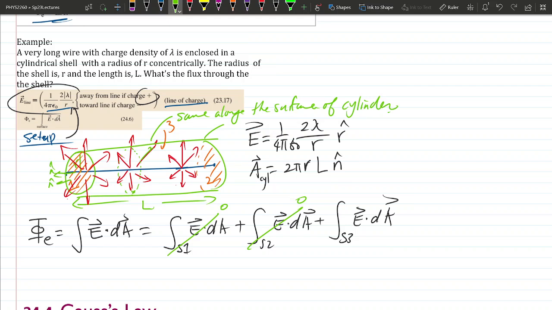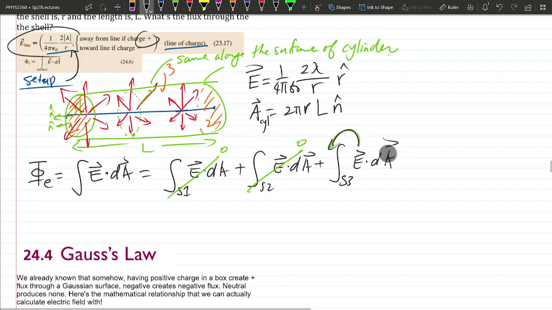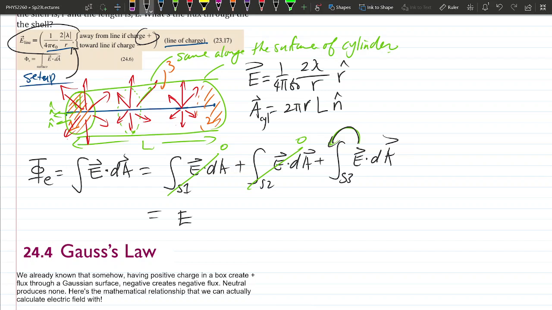Each of these little dots here is the same distance from the wire, and the electric field only depends on how far you are from that wire. It doesn't depend on theta. So therefore the electric field is actually constant on surface number 3. So we can pull out this electric field from the integral, and then if you just integrate dA, once again, that's just the area of that surface.